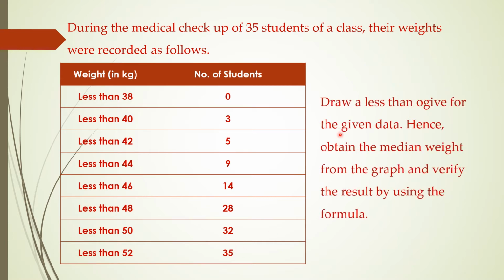What you have to do is draw a less than ogive for the given data, hence obtain the median weight from the graph and verify the result by using the formula.